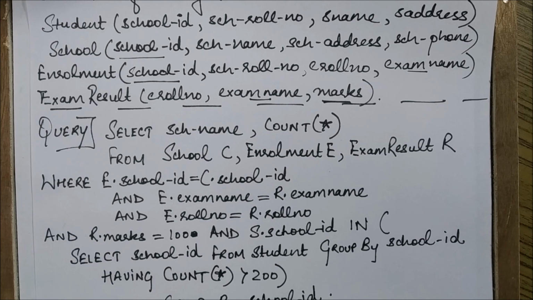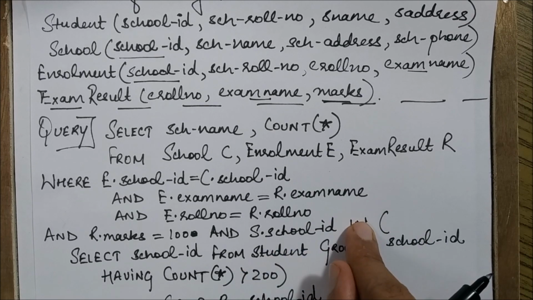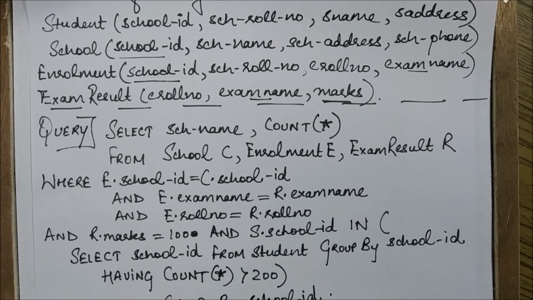From those, the school ID is in this. That means only the schools where students are more than 200. What are we selecting? We are selecting their marks wherever the marks are equal to 100.